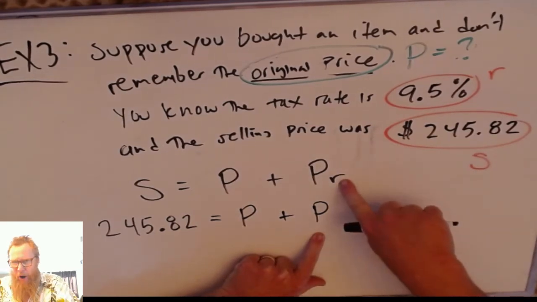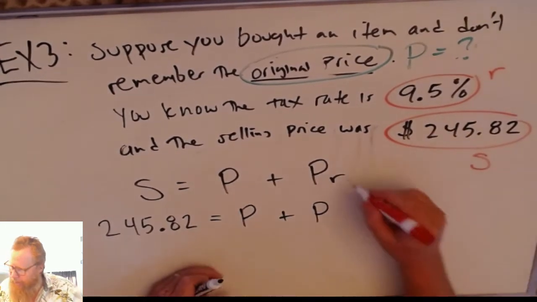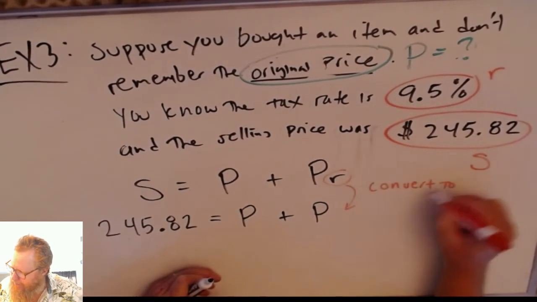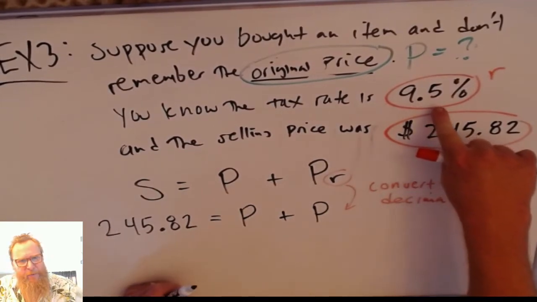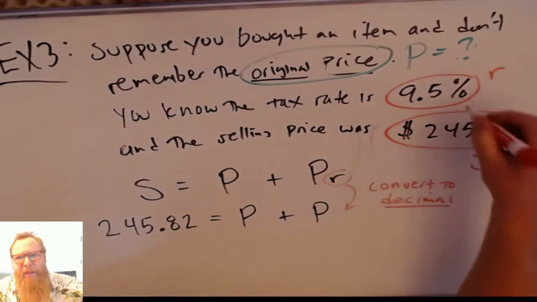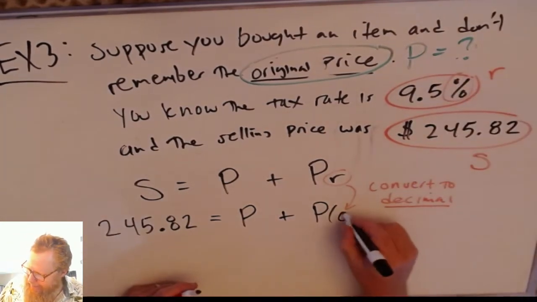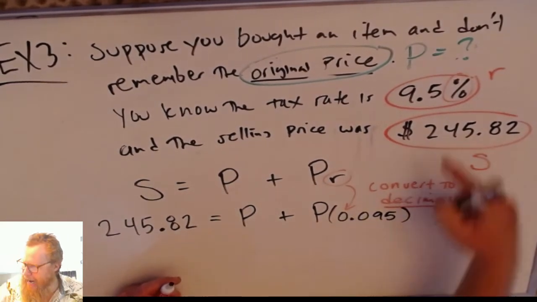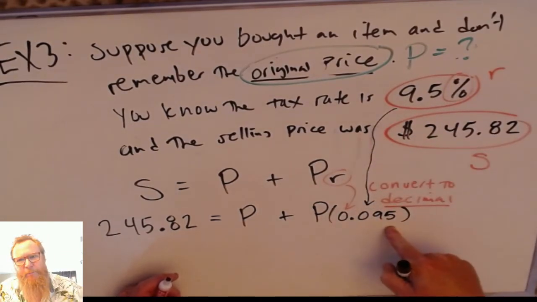So you have R. R is 9.5%. Now be very careful. Convert it to a decimal. You might think, well, wait a minute, it's already a decimal. I mean, convert it to a decimal without the percent symbol. So that is 0.095. That is 9.5% converted to a decimal.